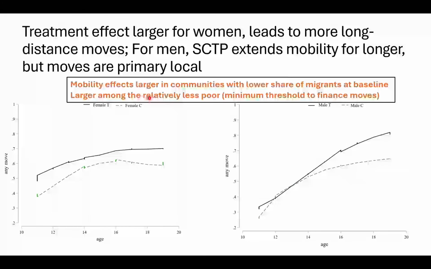And then she also finds that the treatment effects are actually larger in households who are relatively less poor. Remember, all these households are ultra poor, right? But this suggests that there's some minimal threshold of income that you need to actually finance and move.